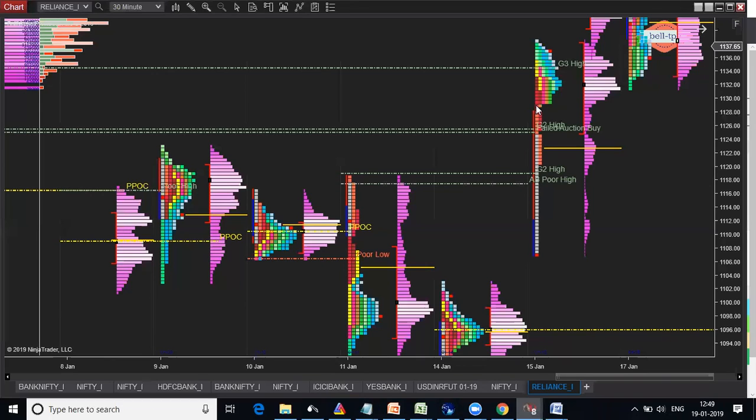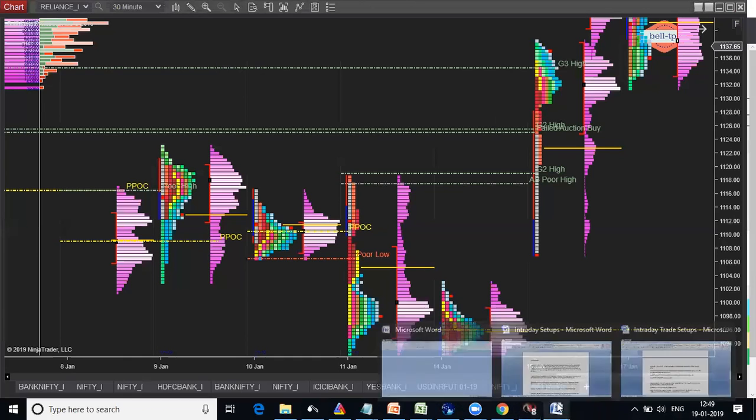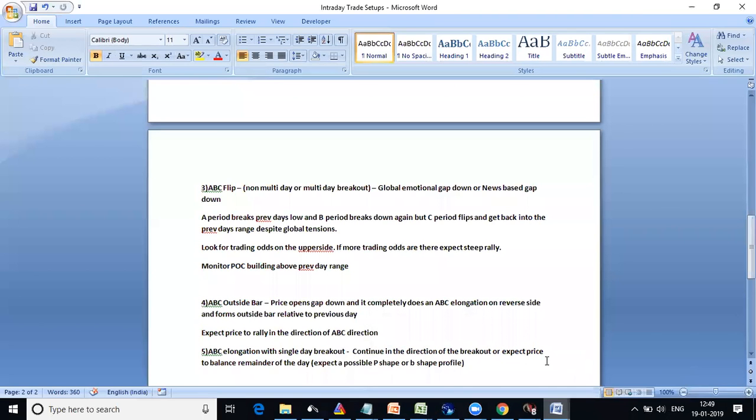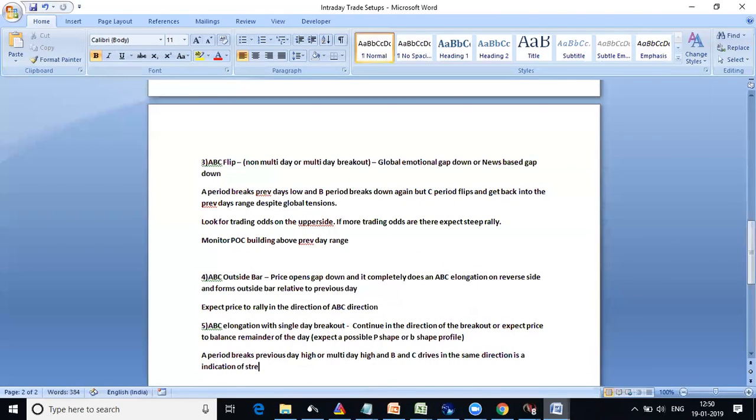Right? So what is the clue you'll be getting here? A period itself breaks the previous day high or multi-day high, and B and C drive in the same direction. Same direction is an indication of strength or a strong auction.